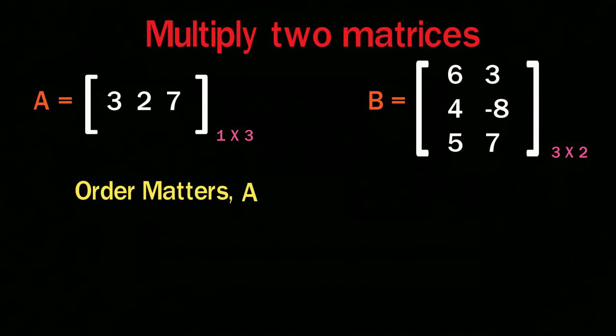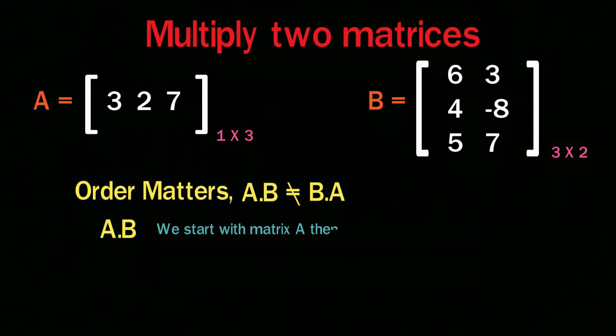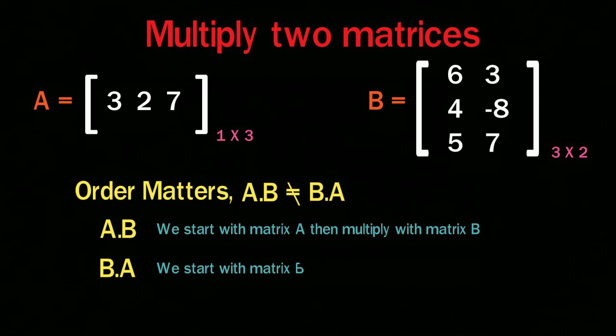A multiplied with B is different from B multiplied with A. AB means that we start with matrix A, then multiply with B. However, for B multiplied with A, we start with matrix B, then multiply with A.